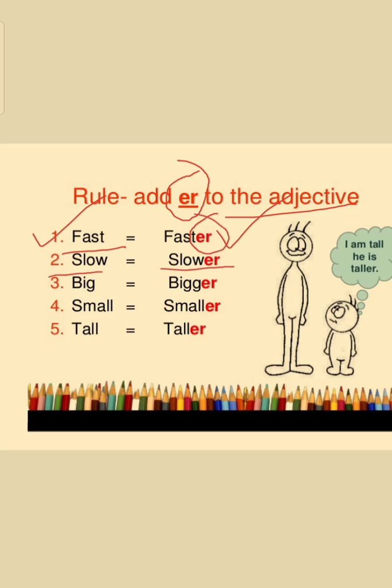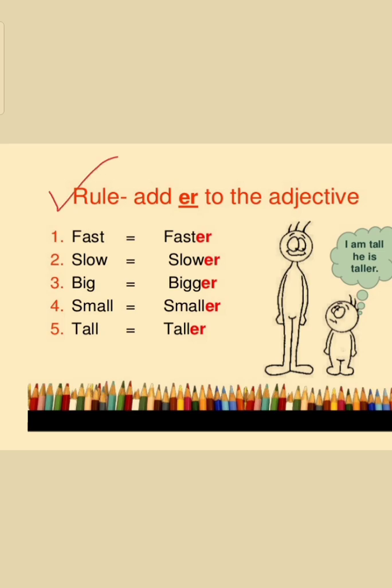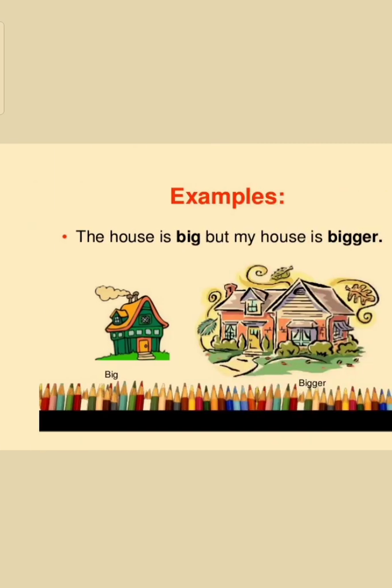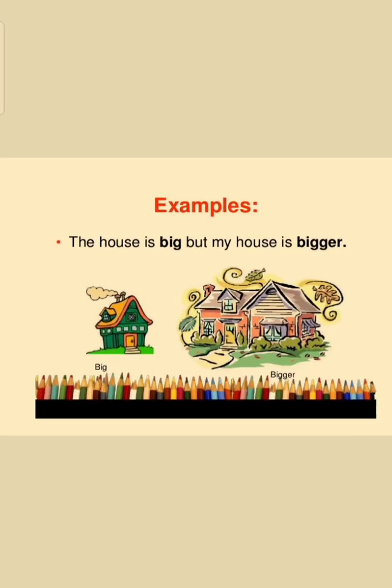In the same way, in the next examples, we are adding er after all these adjectives, right? So this is the first rule you remember: we add er to the adjective to make a comparative degree, right?